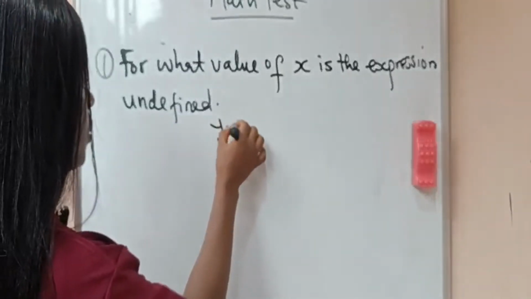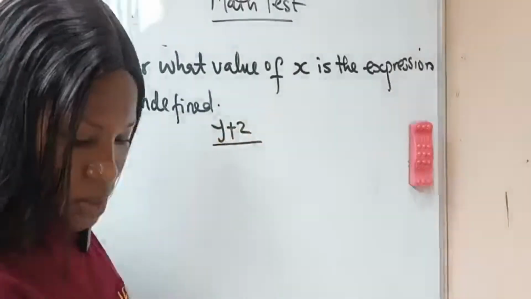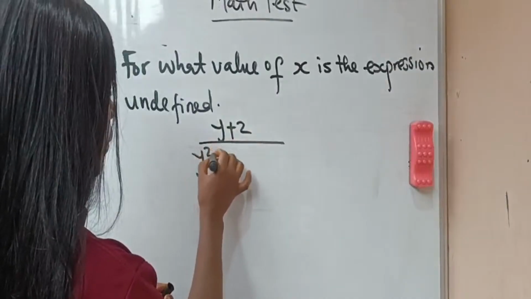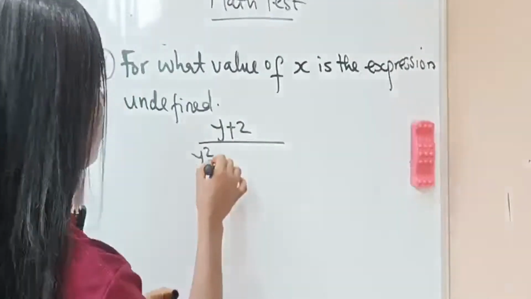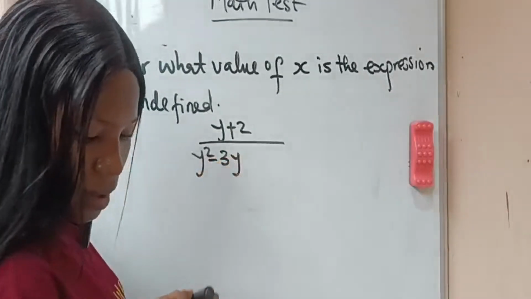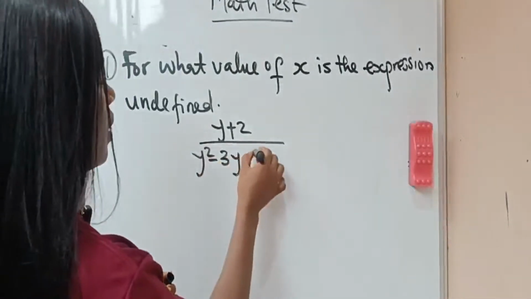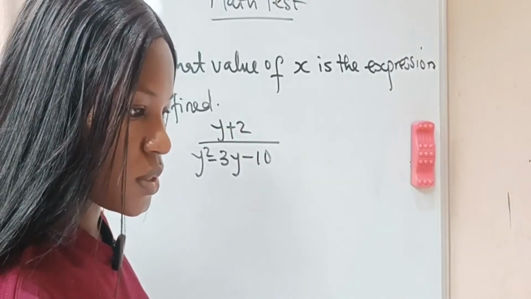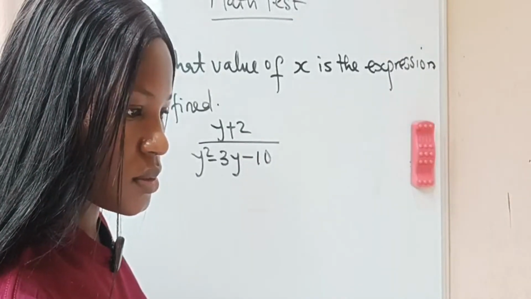And this is the expression y plus 2 divided by y squared minus 3y minus 10.